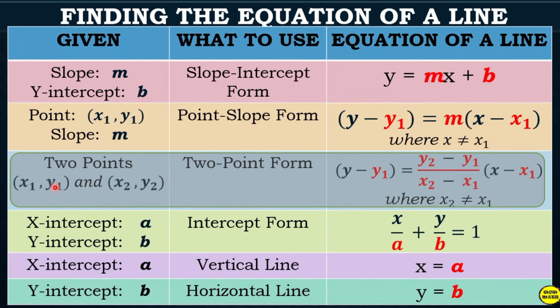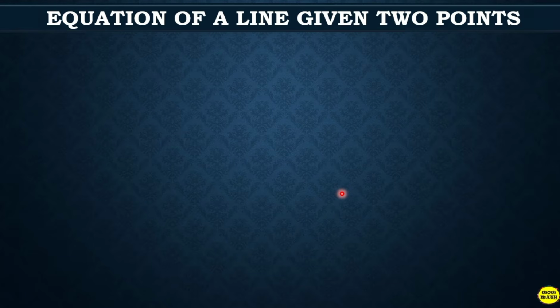So, paano natin hahanapin? How are we going to solve for the equation of a line if 2 points are given? Okay? So, we will be using this. But remember that your x sub 2 should not be equal to x sub 1 kasi magzi-zero yan. Okay? At mag-undefine ang ating slope. Okay? So, let us start.